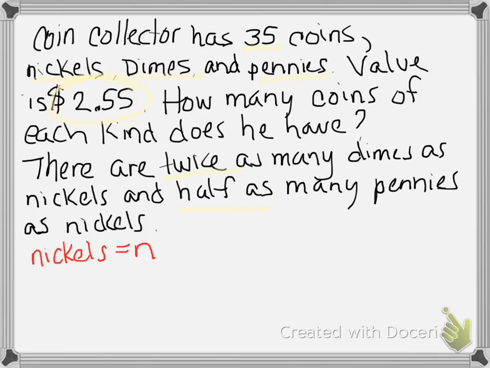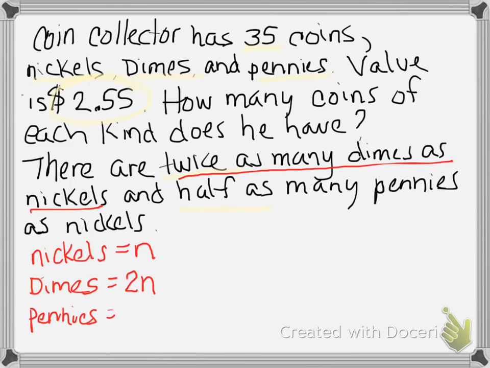I know I have nickels, and then I have dimes, but I don't want to call dimes D. Looking up here, there are twice as many dimes as nickels. So I can call dimes 2 times n. And then pennies, I know there's half as many pennies as nickels. So 1/2 times the nickels.